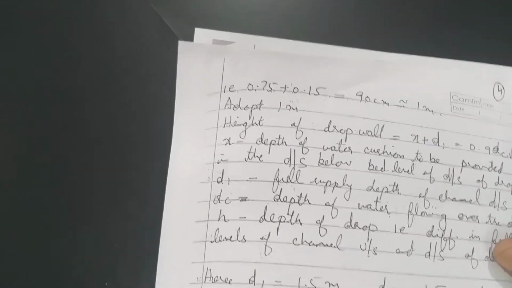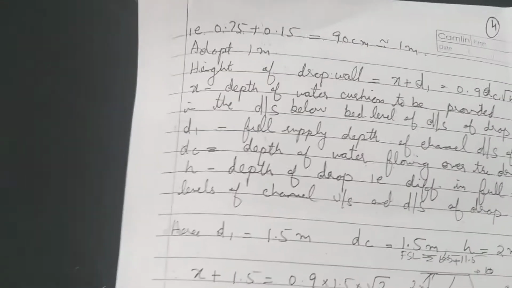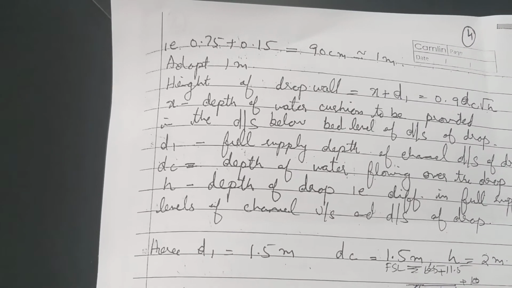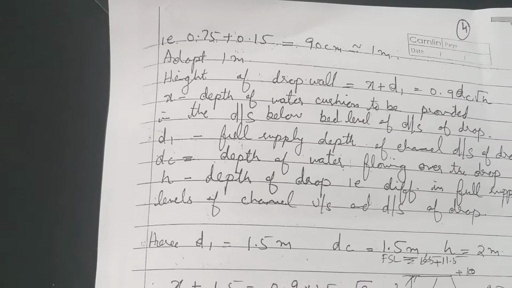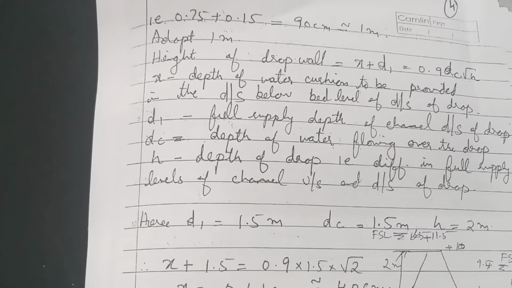Here 1.5 is the depth D, that is 0.75 plus 1.5, that is approximately equal to 90 centimeter, which is approximately equal to 1 meter. So adopt 1 meter as the thickness of the wall.